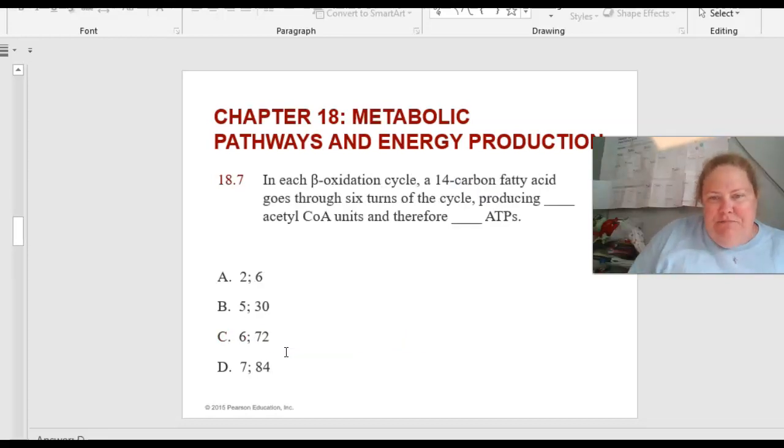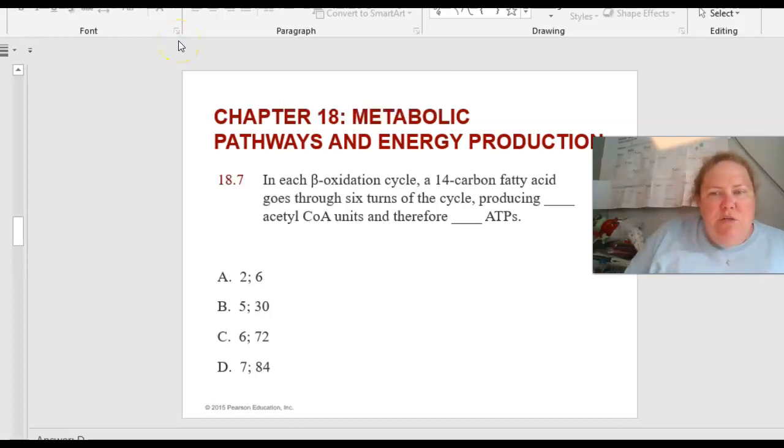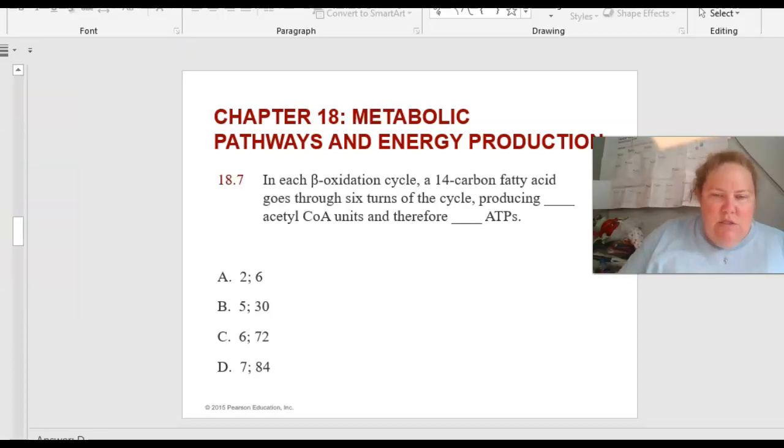In beta oxidation, a 14 carbon fatty acid goes through 6 turns of the cycle, and that is going to produce how many acetyl-CoAs and how many ATPs? Okay, so the number of carbons divided by 2 gives you the number of acetyl-CoA.